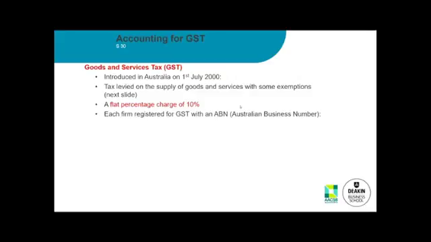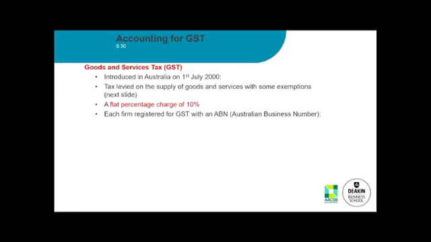Now how it works is that companies that charge for their services register for GST. Now you don't have to register for GST. It depends on your turnover. If your turnover is over a certain amount, you must register for GST. If it's less than a certain amount, then you have the option of registering or not.